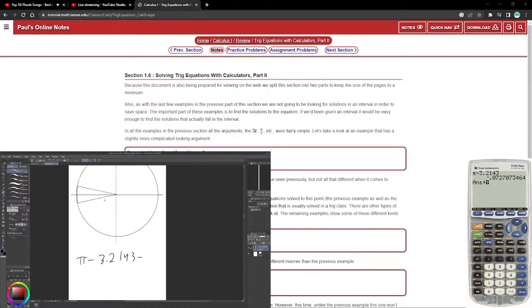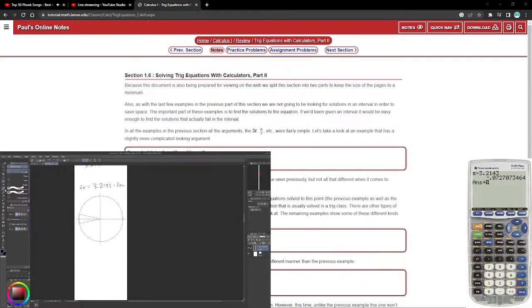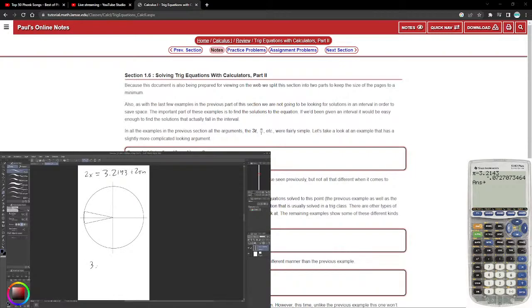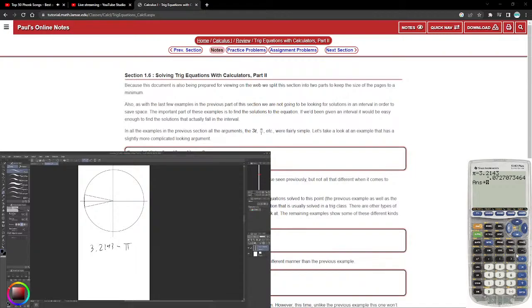Okay, that'd be like step 1. So we'll take 3.2143 minus pi, 0.0727.